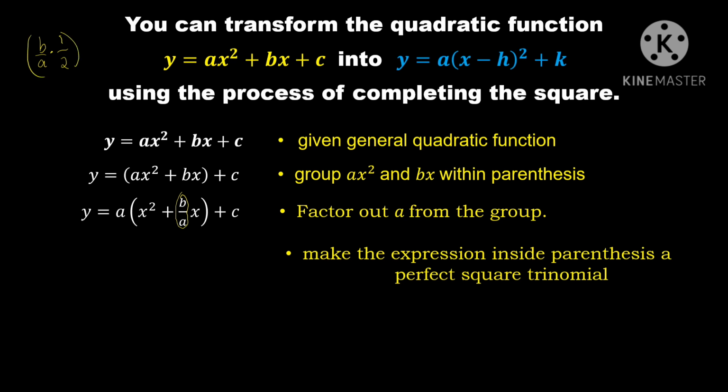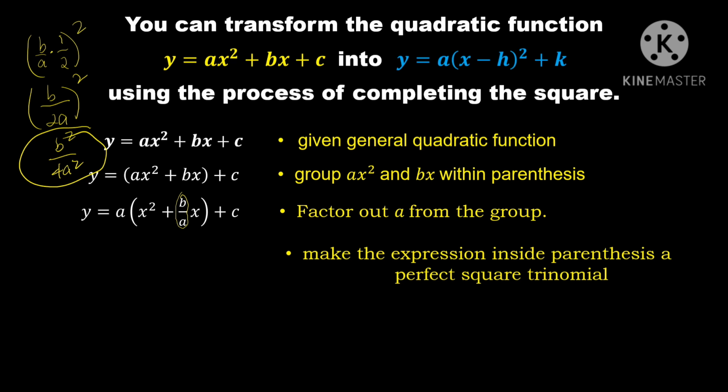Then we have to square. So b times 1 is b. Then a times 2 is 2a. Then you have to square. So the square of b over 2a is b squared over 4a squared. So this is now the result. Okay? So we add that.